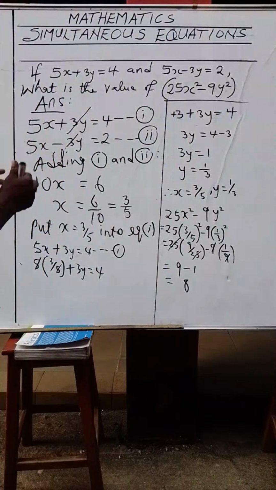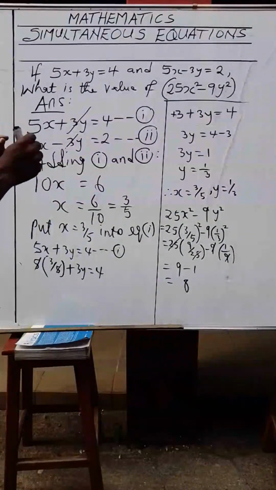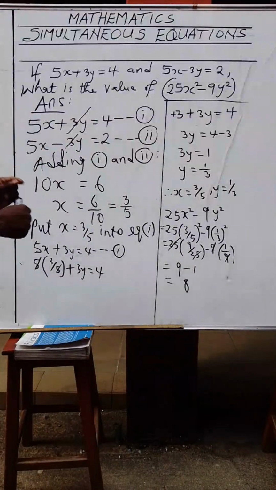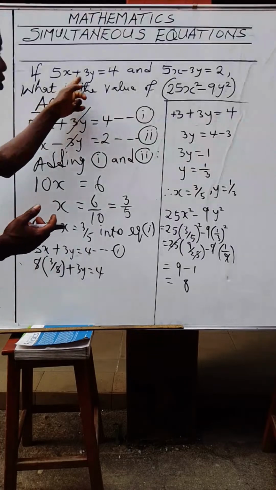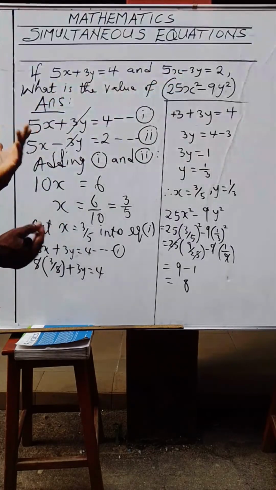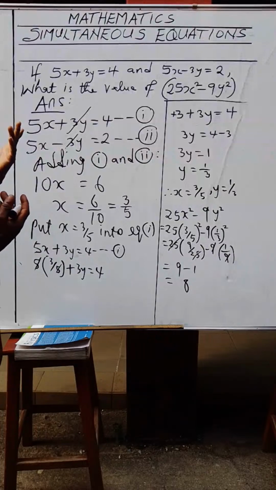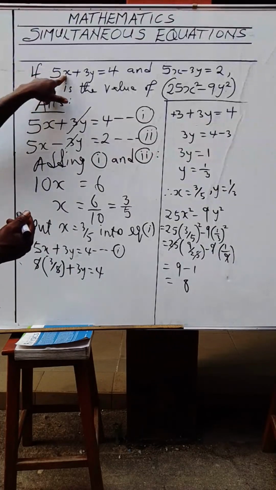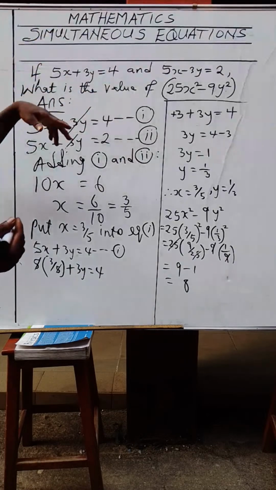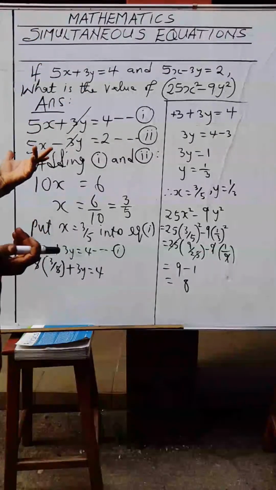Okay, just look at the method and ask yourself, what method is easier? What method is easier when you look at the system of equations? When you see plus and minus, just go ahead and add. All right, when they are not equal, when you see single, maybe here instead of having 5x we have just x, you can use substitution. It's quite easy to use substitution, right?